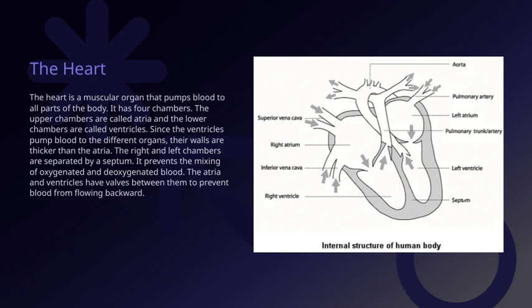These valves act like gatekeepers, making sure blood flows in the correct direction and doesn't flow backward. This careful control is essential for maintaining an efficient and effective blood circulation. Understanding the structure of the heart helps us appreciate how this incredible organ keeps us alive and healthy, constantly working behind the scenes to support our overall well-being.